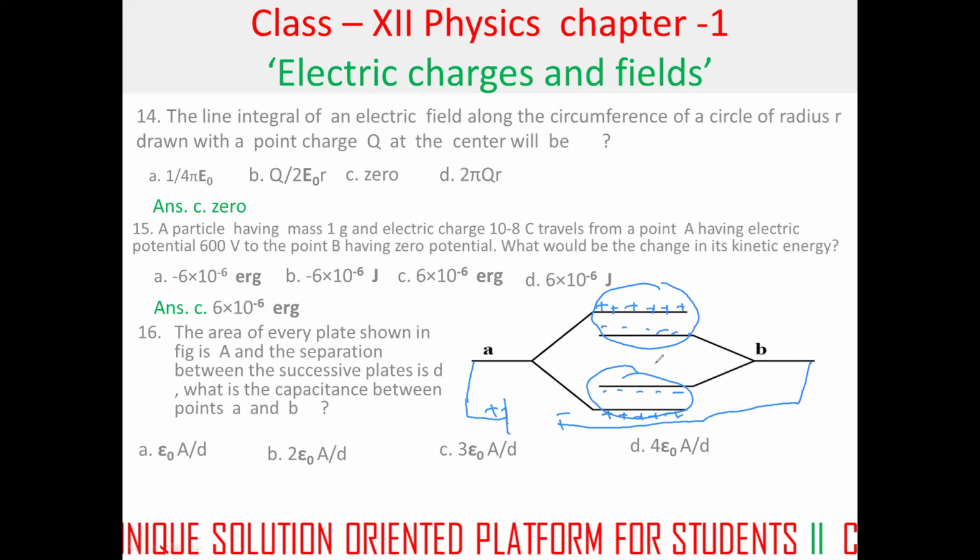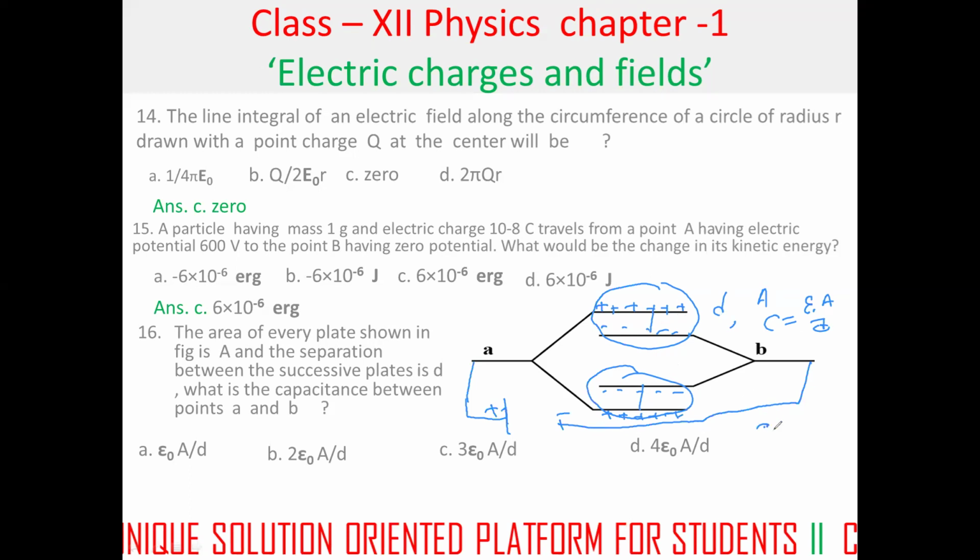Now we know that if the distance between the plates is d and the area is A, then the capacitance for one plate pair is epsilon naught A by D. Here these two capacitors are connected in parallel, so the total capacitance would be C1 plus C2.